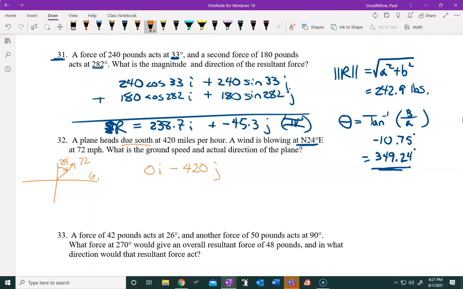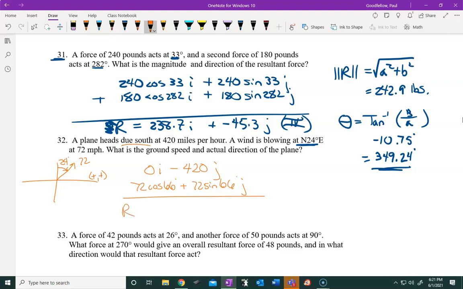Again, that's in a positive zone, so I don't have to really worry about that part of it, but I cannot use the 24 degrees because it's a bearing. I have to use its reference angle, which would be 66 degrees, plus 72 cosine of 66 degrees j.